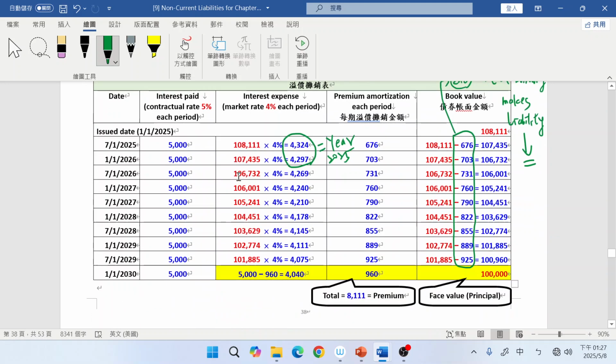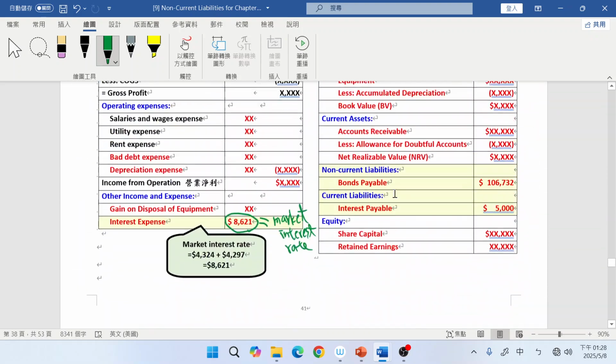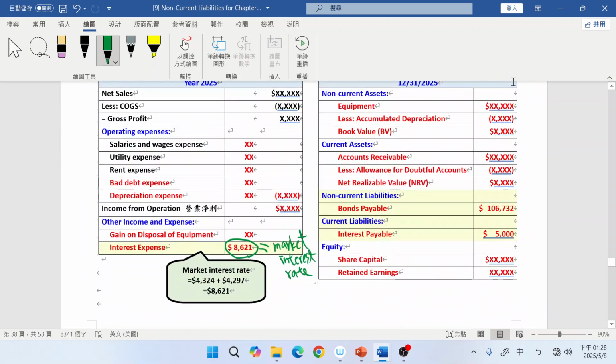Any questions? Then how about the balance sheet? Bonds payable. What's your liability right now? Interest payable. You owe the interest. How much?